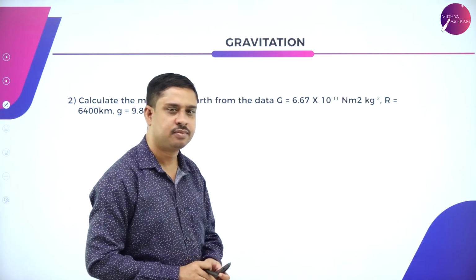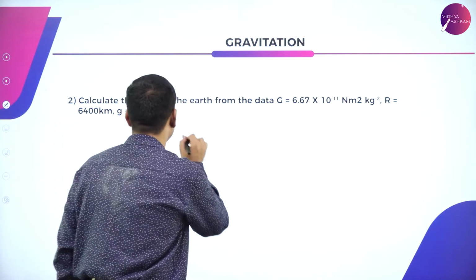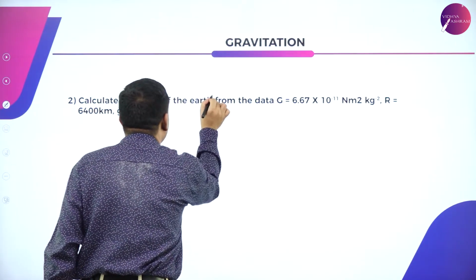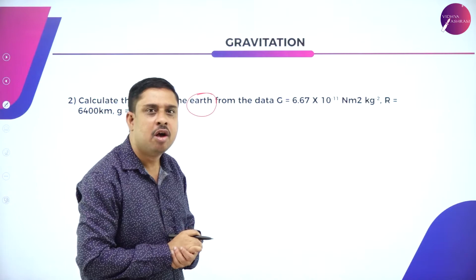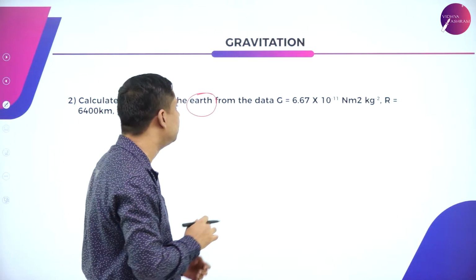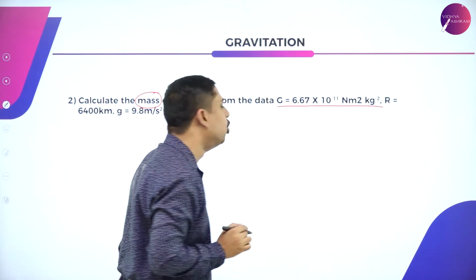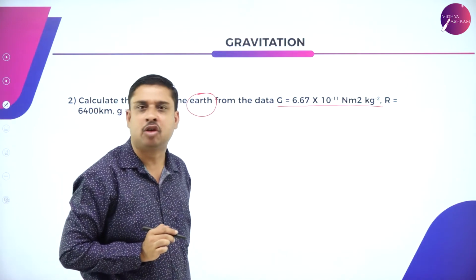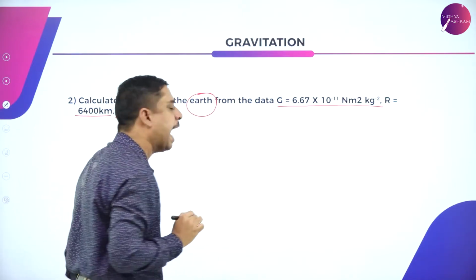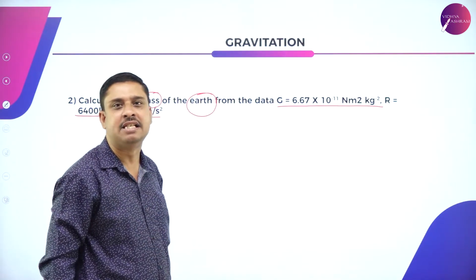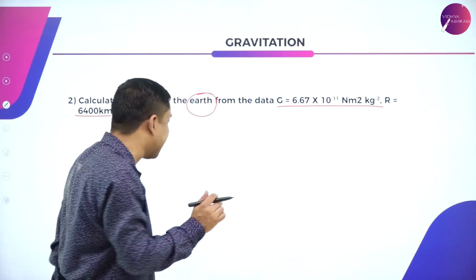The next one. We have to calculate the mass of the earth. The data given is the value of gravitational constant, radius of the earth, and small g, which is acceleration due to gravity.